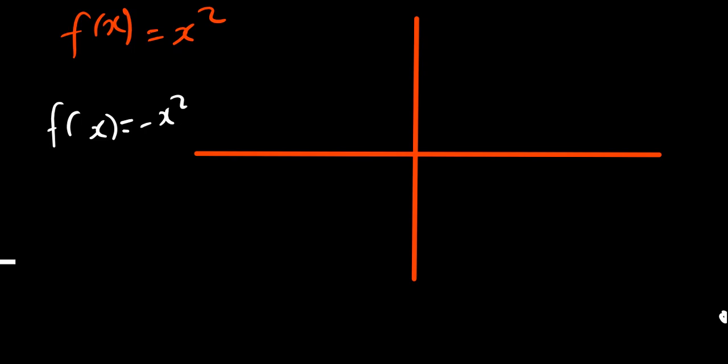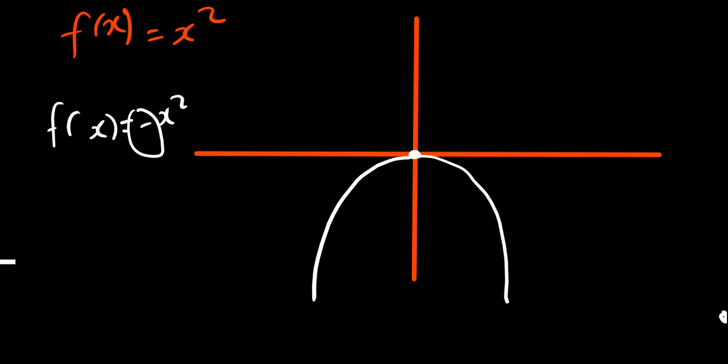Now this is a negative, so it's going to go to the negative values. Why? Because your a is negative, this value is less than 0. So because your value of a is less than 0, you're going to have a maximum point. So that's how you're going to graph that one.